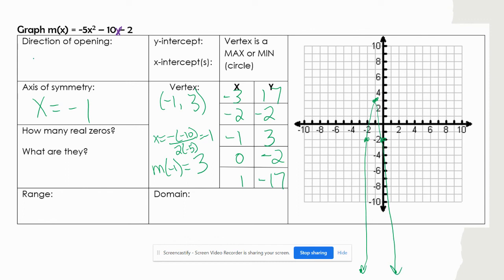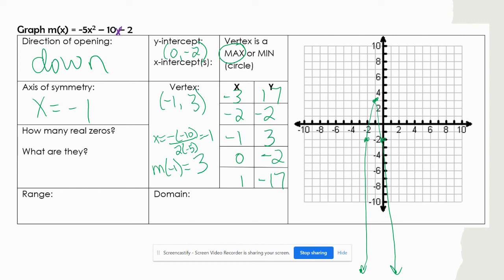There we go. This is opening down, which makes our vertex a maximum. Our y-intercept is at 0, -2. Our x-intercepts, we have them, but they're decimals, so I'm not going to jot those down.